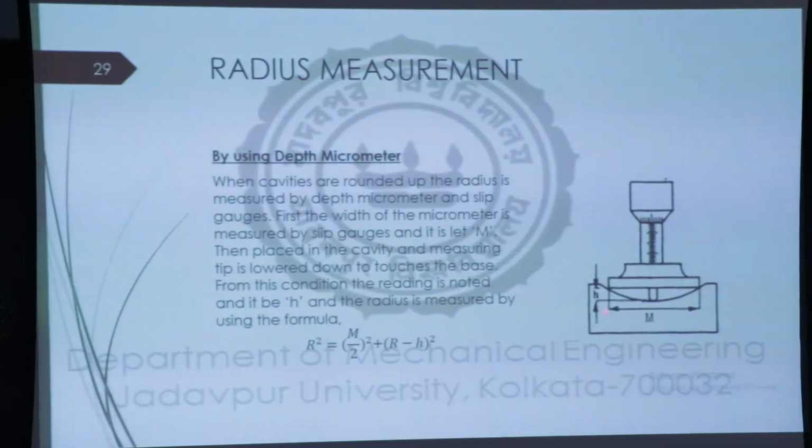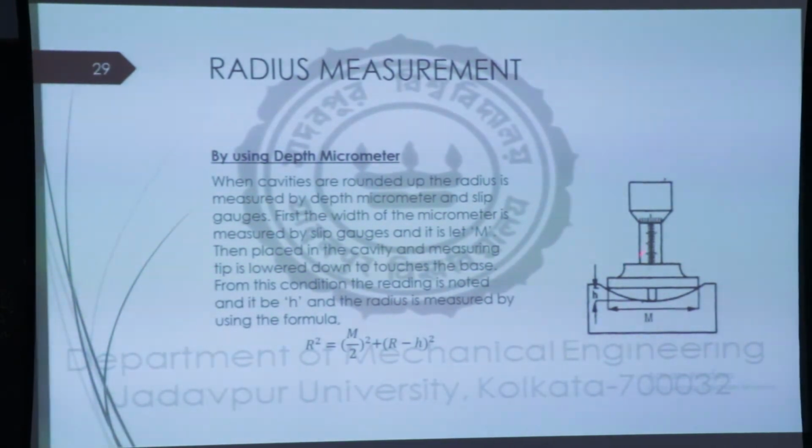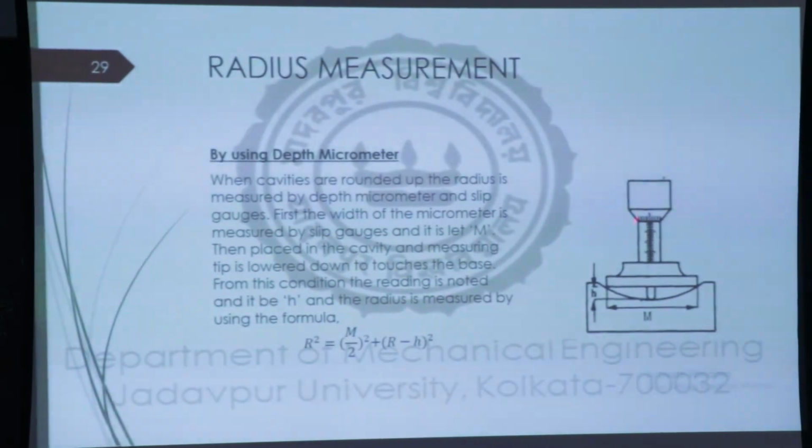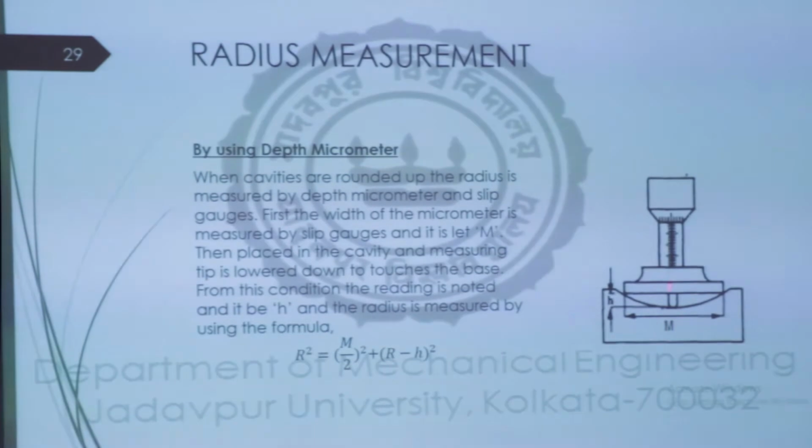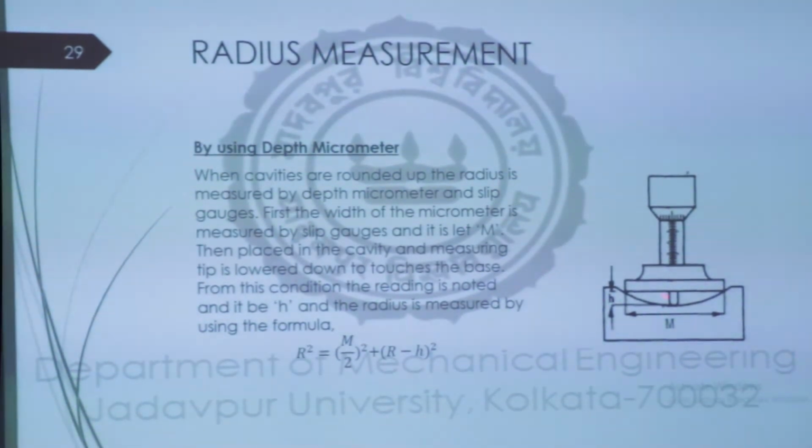Supposing this is a concave surface, if you take this as a radius, and draw a line, the radius line is here, take this as m by 2, come up to the center line m by 2, and supposing this is r minus h, a dimension that will be given from this depth micrometer instrument.